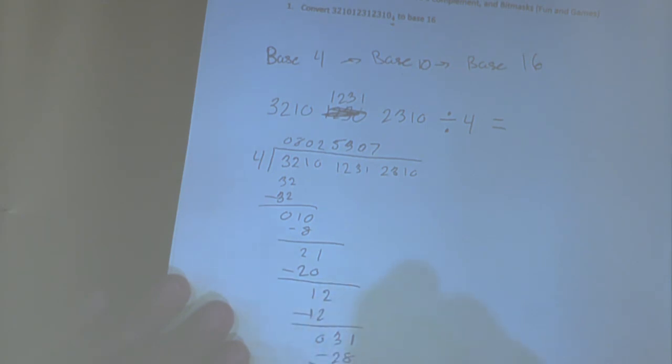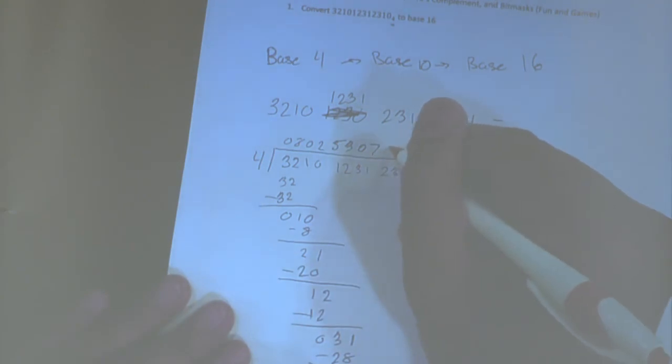So if you want to use the long division route, this is what you need to do. There's an 8 here.